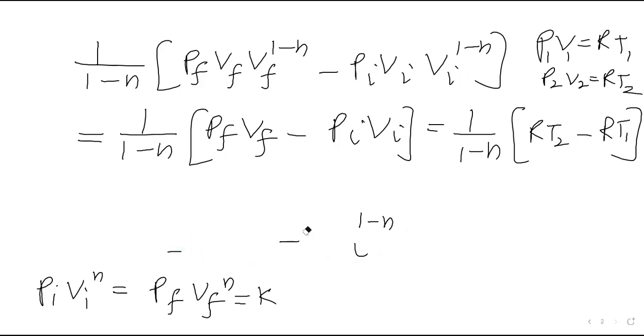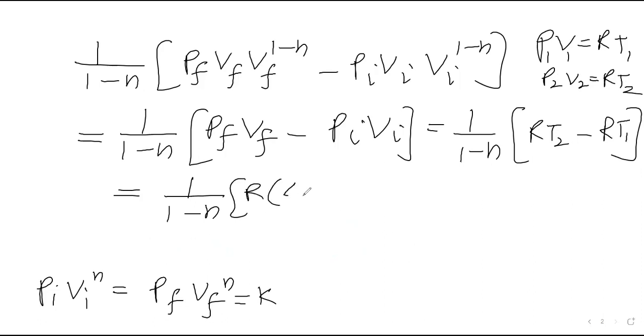Let's continue over here itself. And I finally get 1 upon 1 minus N, R comes common, T2 minus T1, which I'll get as delta T. That is the net temperature difference between the final position of the system and the initial position of the system.